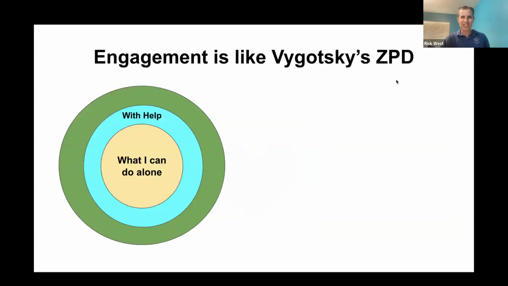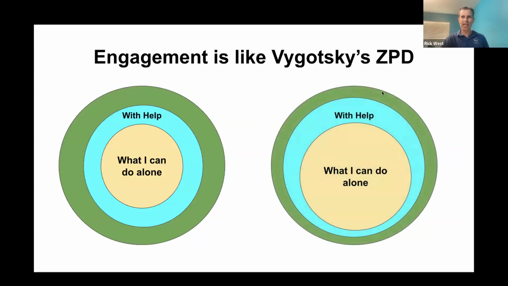So there's that. And then we started to think, okay, well, what if engagement is like Vygotsky's ZPD? And you would know with the zone of proximal development, the whole idea is that what I can do alone, I can do so much more if I have help. And that these circles start to grow. And as I work with someone else, as long as I have scaffolding and mentoring, then I can do more.